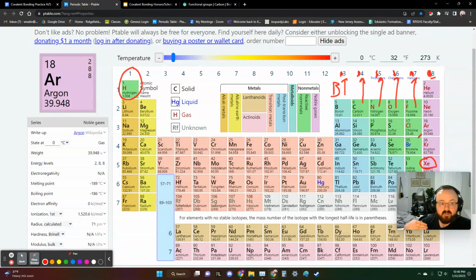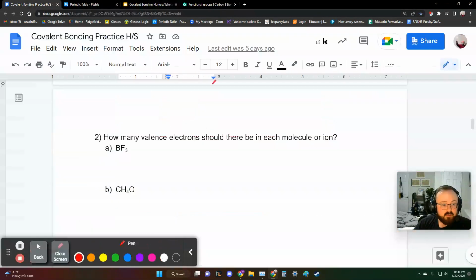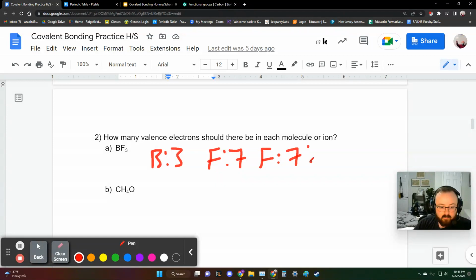And then it just comes down to how many total electrons there are. So if we look at BF3, we saw that boron has 3, and each of the fluorines has 7. 7 times 3 is 21, so 3 plus 21 equals 24.